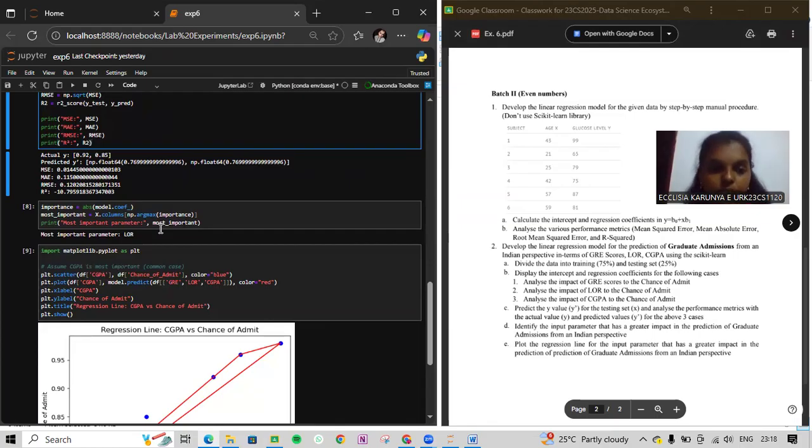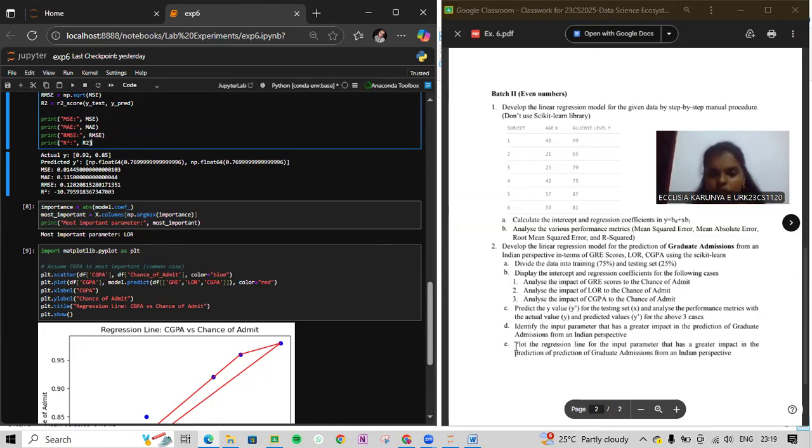Then the input with the largest effect is considered the most important. At the last, we are printing the most important parameter, which is LOR, as the parameter with the largest impact.